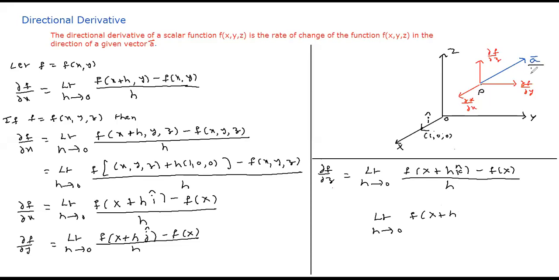Divide with its magnitude. Then this will become e cap. Is it okay? Then limit of f of X plus h e cap minus f of X by h. Is it okay?